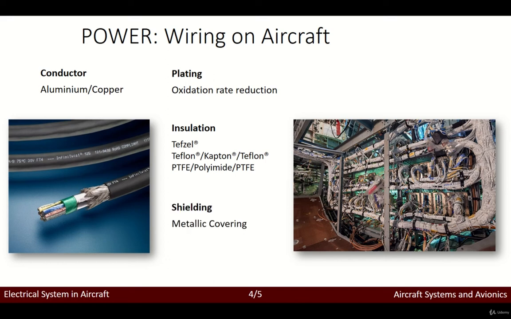Now, with an increase in the number of highly sensitive electronic devices found on modern aircraft, it has become very important to ensure proper shielding for many electric circuits, right? So shielding is the process of applying a metallic covering to wiring and equipment to eliminate electromagnetic interference.